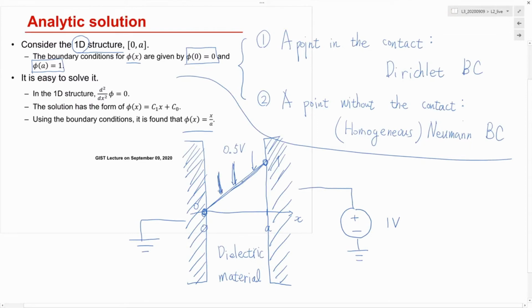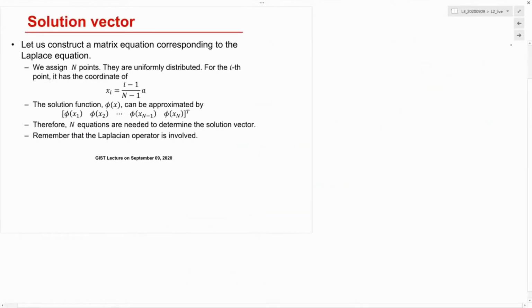And if you approach the 1 volt biased contact, then your voltage will increase. That is easily answered by this simple Laplace equation. The solution procedure is quite easy, and it has already been discussed in our previous lecture.